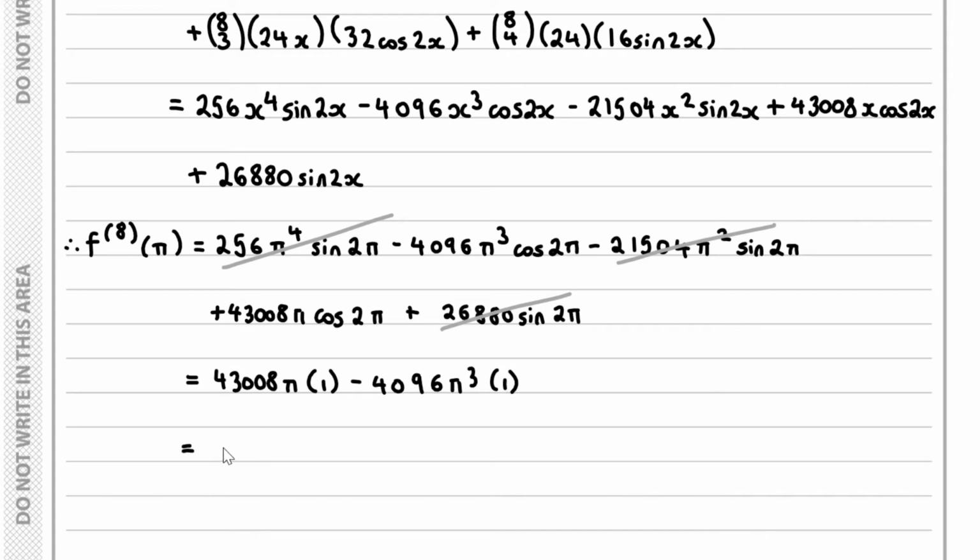So tidying this up, we end up with 43008 pi minus 4096 pi cubed.